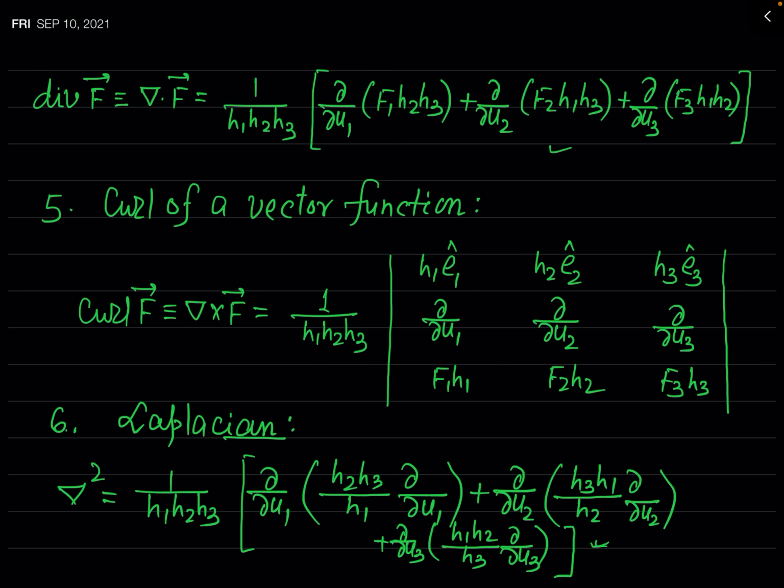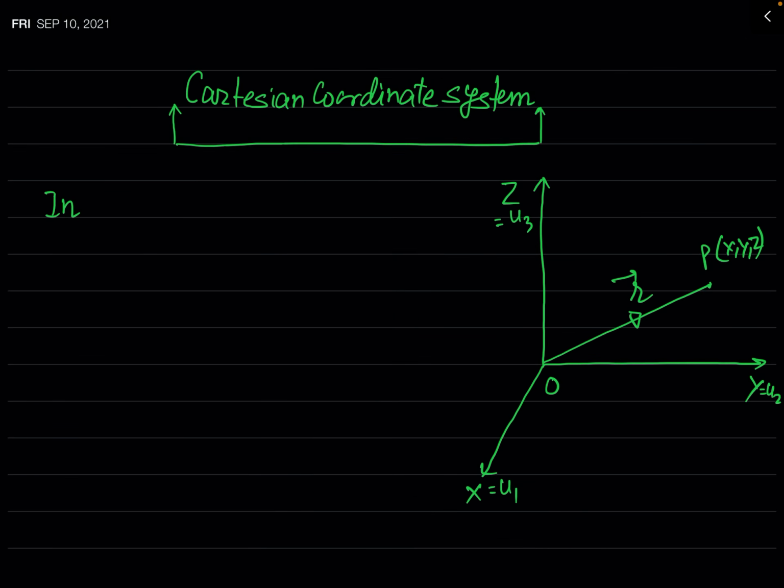Among these, the Cartesian coordinate system is the most used and most popular, or you can say the easiest. So first of all, we will see these things in Cartesian coordinate system, and after that we will discuss the same things in cylindrical and spherical polar coordinate system.